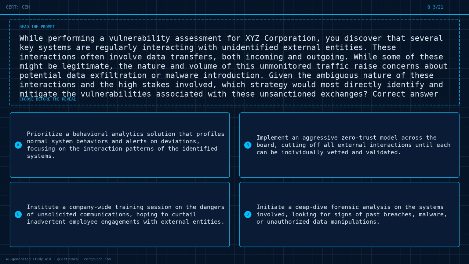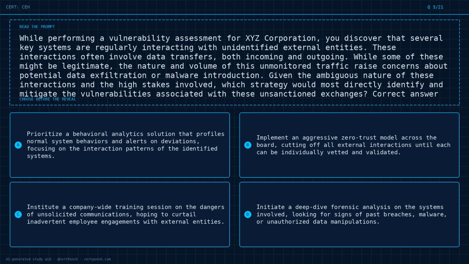Option A. Prioritize a behavioral analytics solution that profiles normal system behaviors and alerts on deviations, focusing on the interaction patterns of the identified systems. Option B. Implement an aggressive zero-trust model across the board, cutting off all external interactions until each can be individually vetted and validated.